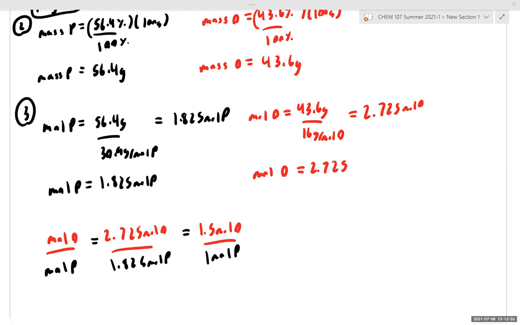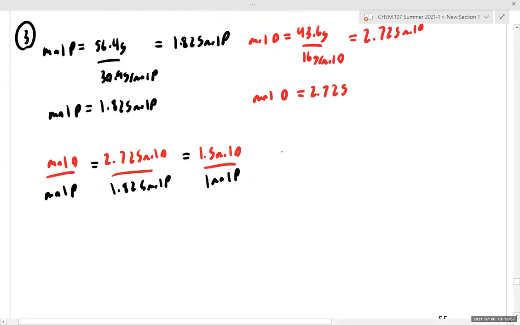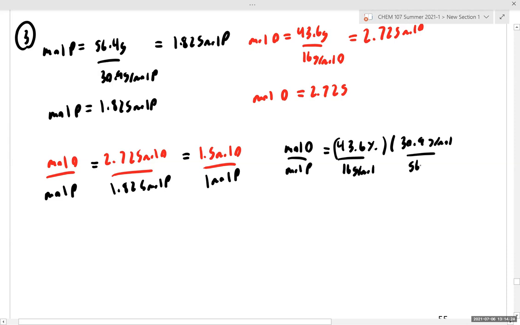One thing I'd like to point out, you can also use the formula method. Using the formula method for the moles of oxygen per moles of phosphorus, we take the percentage of oxygen, which would be 43.6, over the molar mass, which is 16 grams per mole, times the molar mass of phosphorus over the mass percentage of phosphorus.